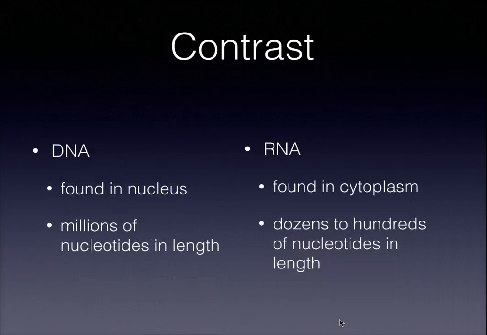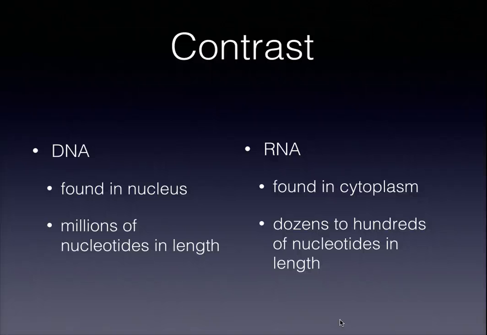So we'll just briefly contrast some characteristics of DNA and RNA. First of all, DNA is found in the nucleus, and DNA is a big molecule. So each strand of that ladder could be millions of nucleotides long. So these are very big macromolecules.